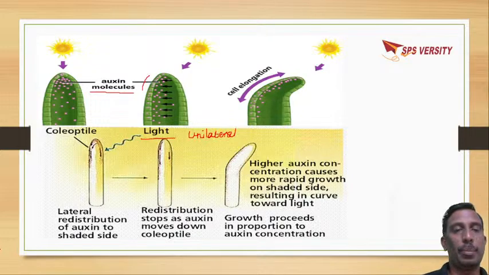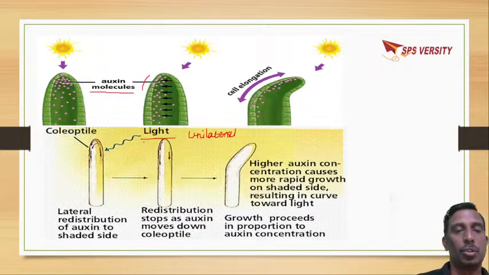So here what happens is, towards the sunlight side, the distribution will stop. And you can see the lateral distribution of auxins on the shaded region.